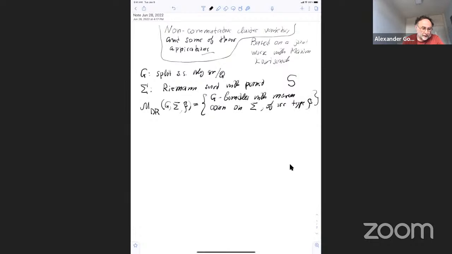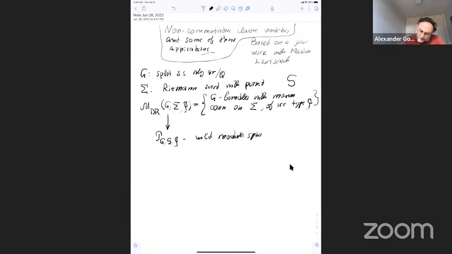Then this moduli space depends on a Riemann surface, of course, and it also depends on irregularity. And there is a whole big space, which is the moduli space, analog of the space MGN. And so this is some kind of wild moduli space.